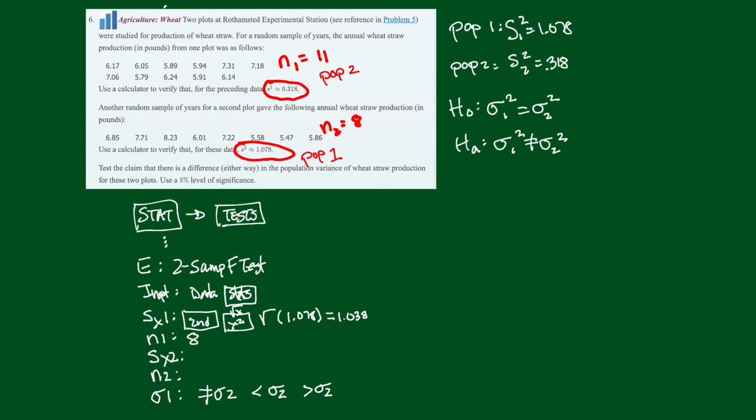Now, what about S2? This is the standard deviation of our population 2. Population 2 is this one up here. We're given the variance, so we have to take the square root. So I'm going to do the same thing I did down here. I will press second, the X squared key, because on top of that is the square root key.